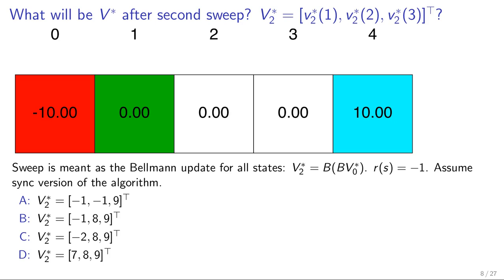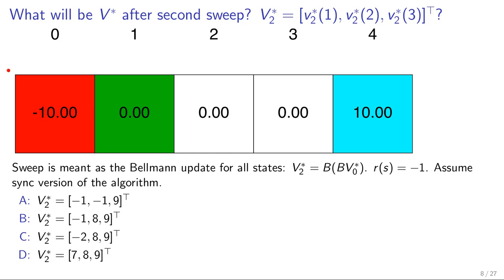Okay, so second sweep. Imagine that you do one more sweep, and so maybe for your convenience, let's write down what were the values that we had from sweep 1.